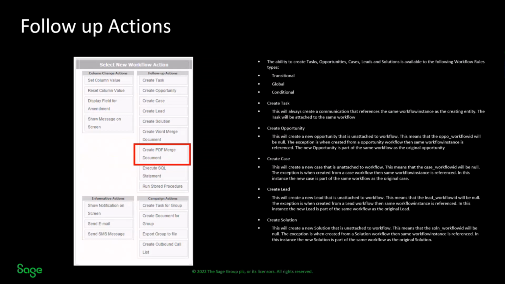Our follow-up actions, and I apologize for the very small text on this slide. These follow-up actions then, in the documentation, you'll see, allow you to carry out a whole range of different tasks to spin up other bits of behavior, including carrying out a merge to generate a document, to do what you need to, but they do rely on your record existing.